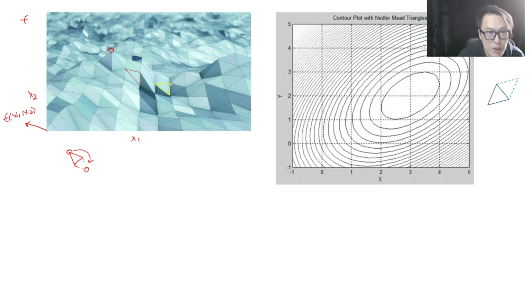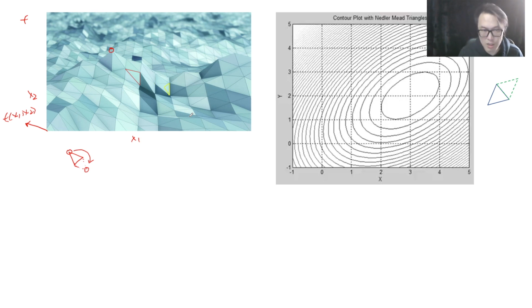Because when you flip to this triangle, for example, the lowest point is right here. So we cannot improve the search anymore. In that case, what we are going to do is just the contraction, reduce the size of the triangle so that the triangle becomes closer to the local minimum.